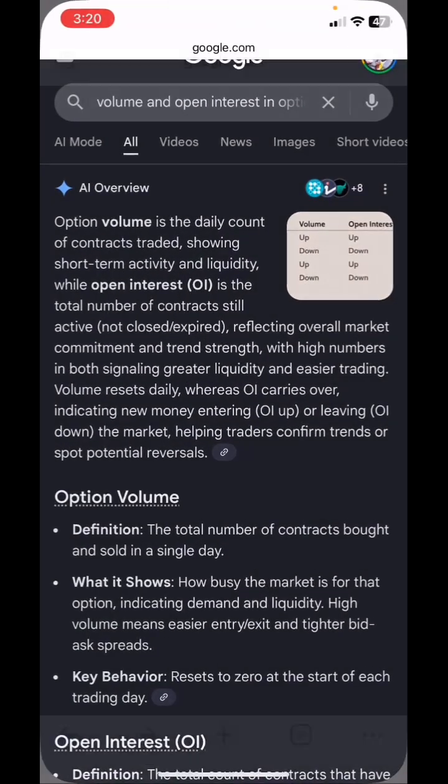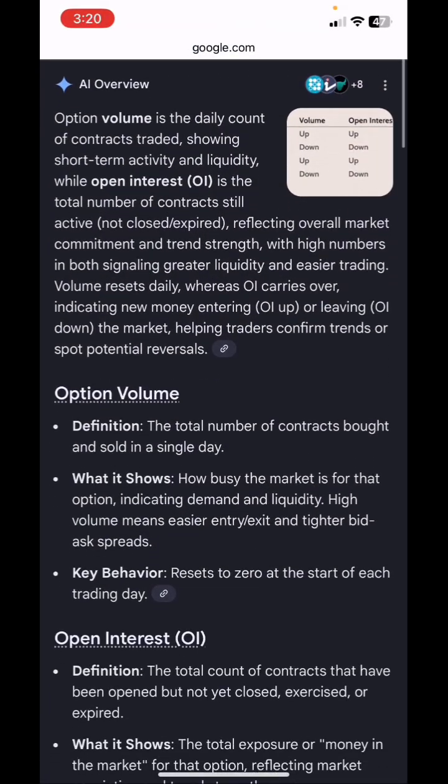And then let's go to the definition. Volume is the daily count of contracts traded, showing short-term activity and liquidity, while open interest is the total number of contracts still active, not closed or expired, reflecting overall market commitment and trend strength. High numbers in both signal greater liquidity and easier trading.